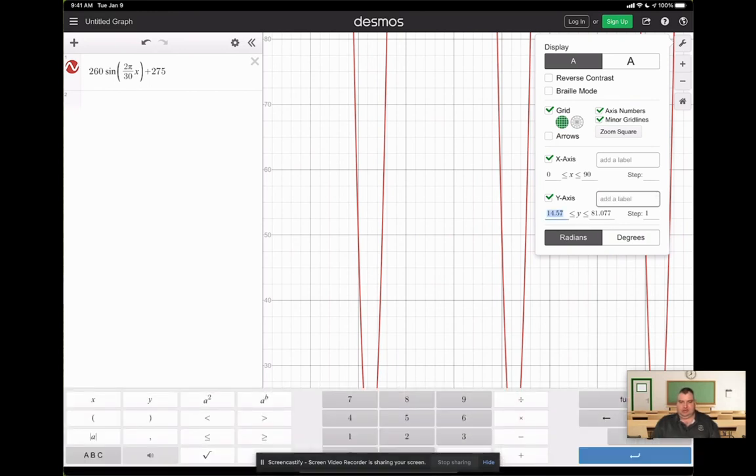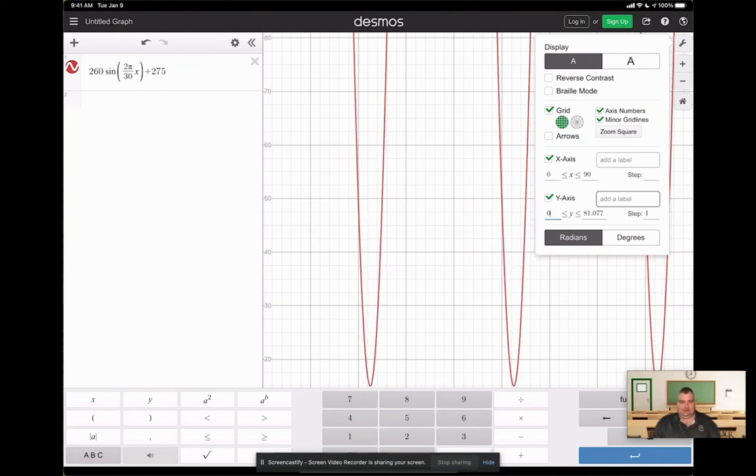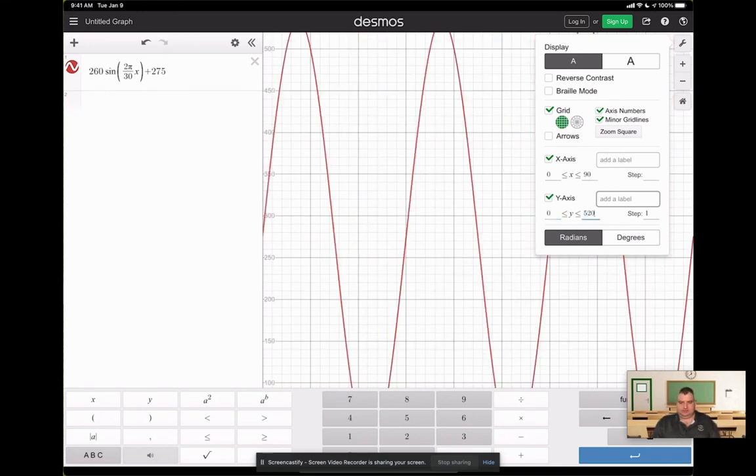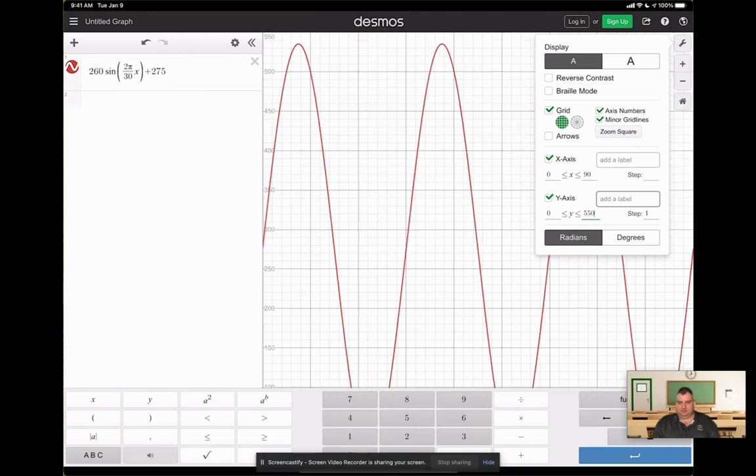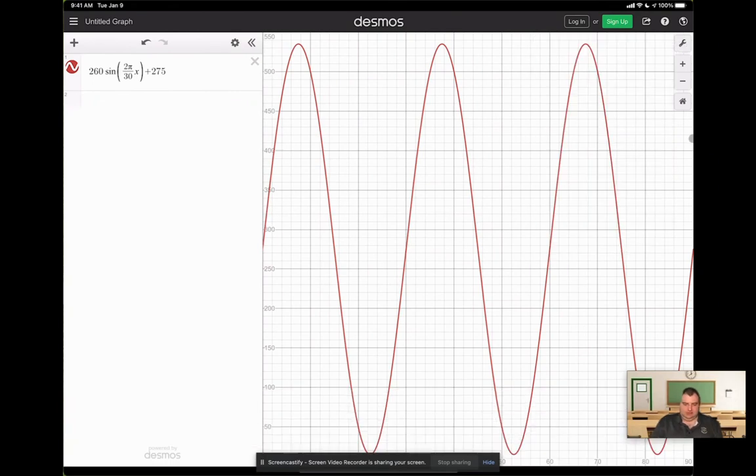And I know that the center is 275 feet off the ground. So let's go to 450 feet. All right, and here we go.